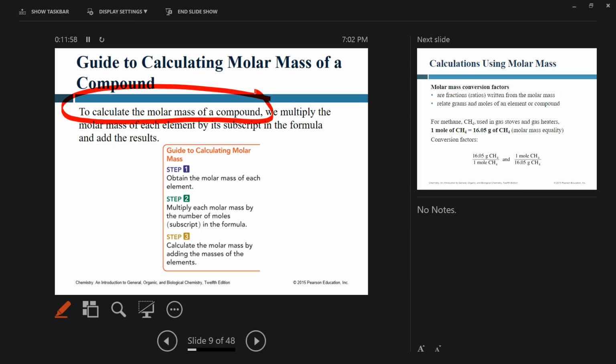Units. So, how do you calculate the molar mass of a compound? Before we move on to this, there are steps. Steps are fine. But let's talk about water, shall we? What's the formula of water?